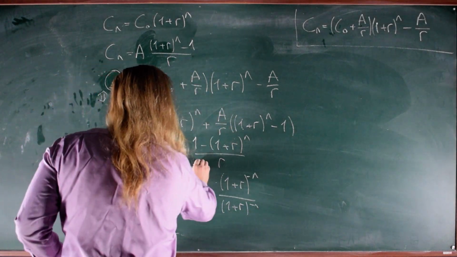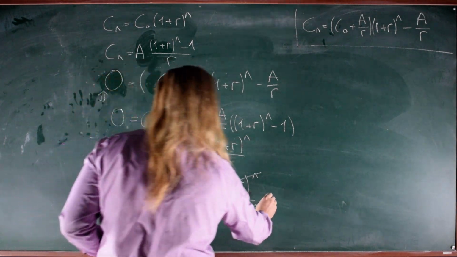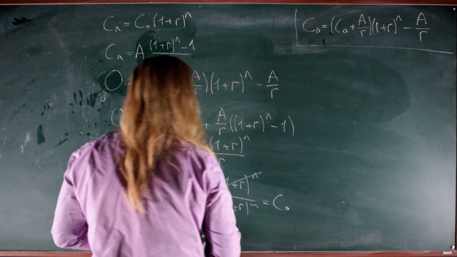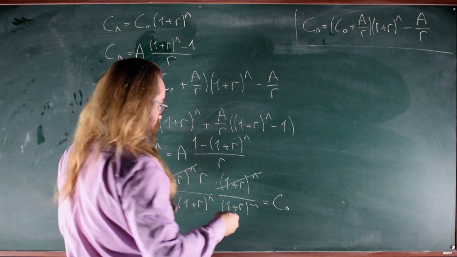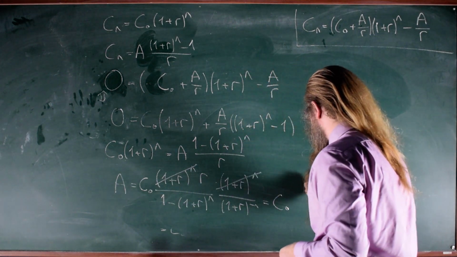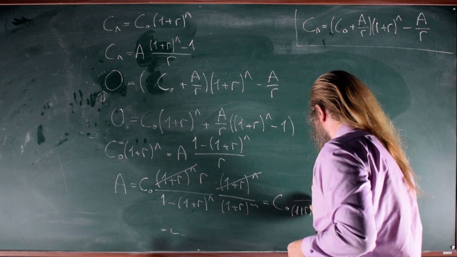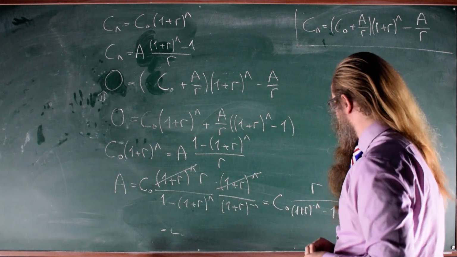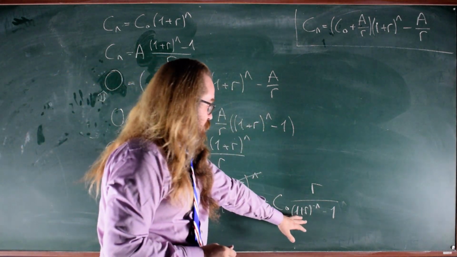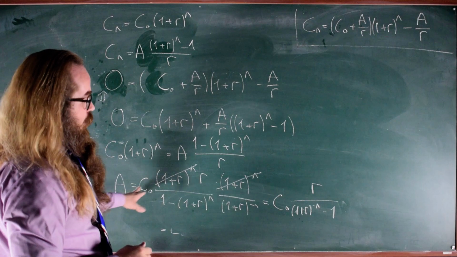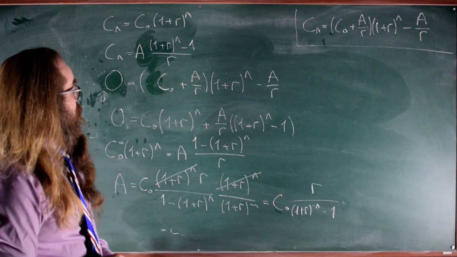This will cancel with this, and this will cancel with this, and what we end up with is the initial capital, the loan amount, times r over (1 plus r) to the power of minus n, minus 1. And you may be familiar with this formula to calculate the annuity when you know all the other conditions on the loan.